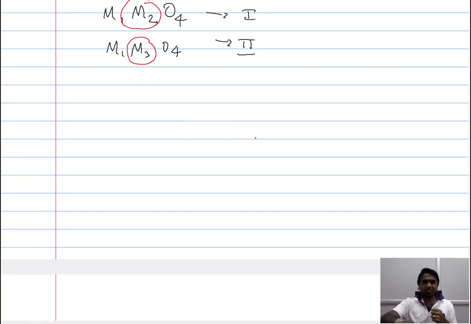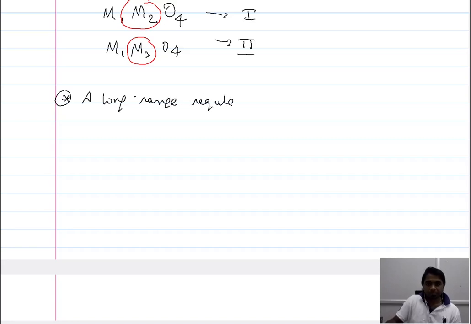Now, the final feature that distinguishes a mineral from the other substances on the surface of the earth is that minerals exhibit a long range, regular arrangement of their fundamental entity.